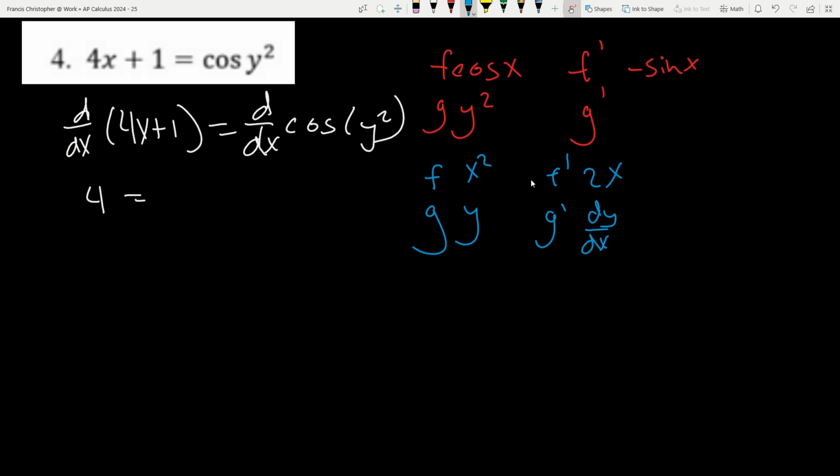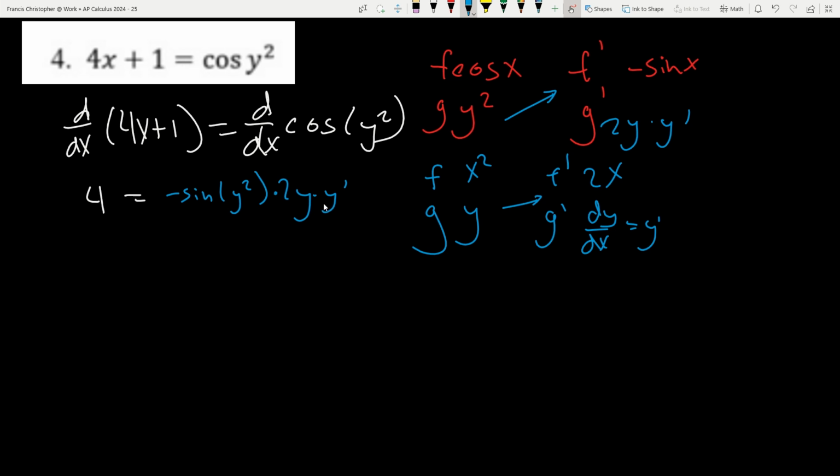So g prime is going to be, putting this into this, 2y times, this is y prime, so 2y y prime. So 4 equals, putting this into here, negative sine of y squared times 2y times y prime.